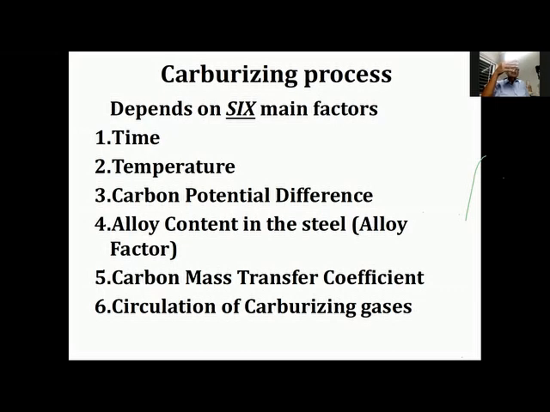And so the carbon mass transfer coefficient goes to 1.3, and you'll have a drastic improvement in the diffusion rate also. The carbon mass transfer coefficient is basically the capability of the atmosphere to donate carbon to the steel.